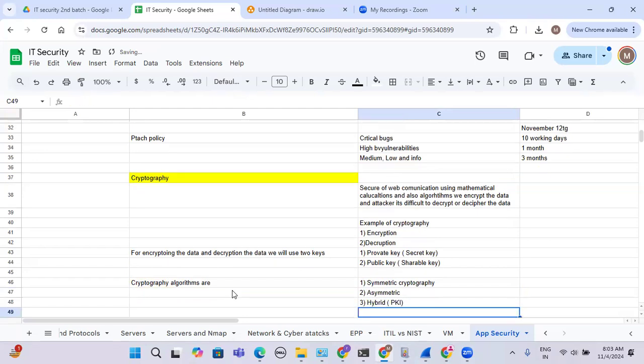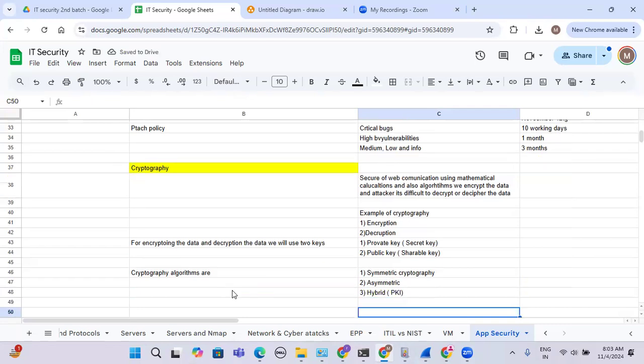Now what is symmetric, what is asymmetric, and what is hybrid? What are SSL/TLS mutual authentication or SSL/TLS negotiations? We can discuss them one by one.